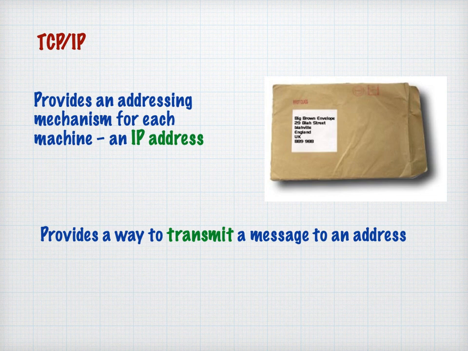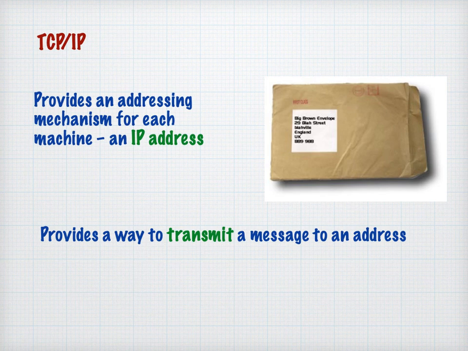Well, TCP/IP gives us two things. It gives us an addressing mechanism, and it gives us a way for a message to be transmitted to a particular address. That addressing mechanism is called an IP address. And what TCP/IP enables us to do is to transmit a message to a particular IP address.